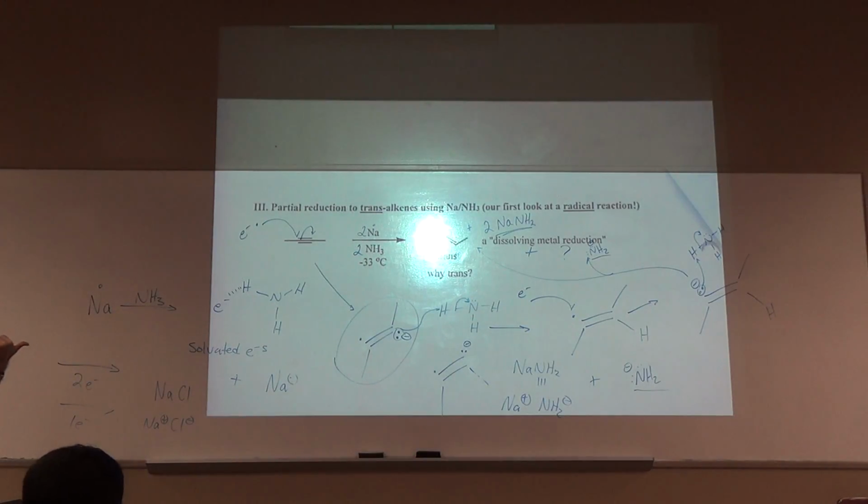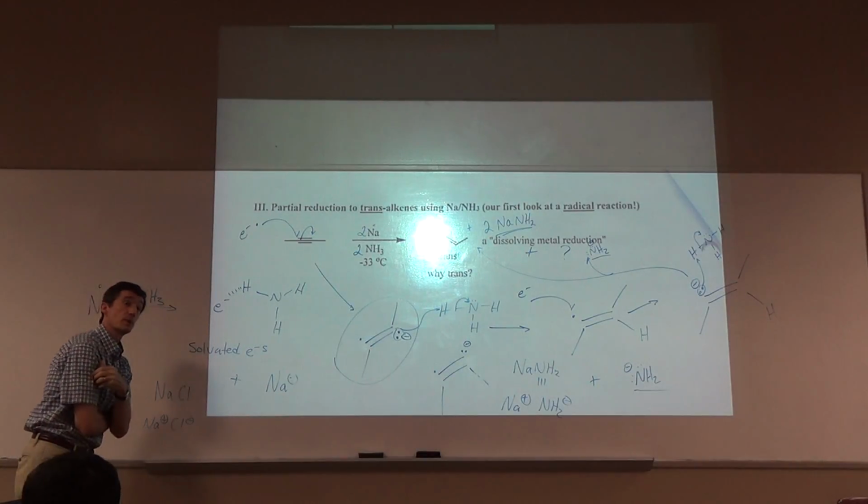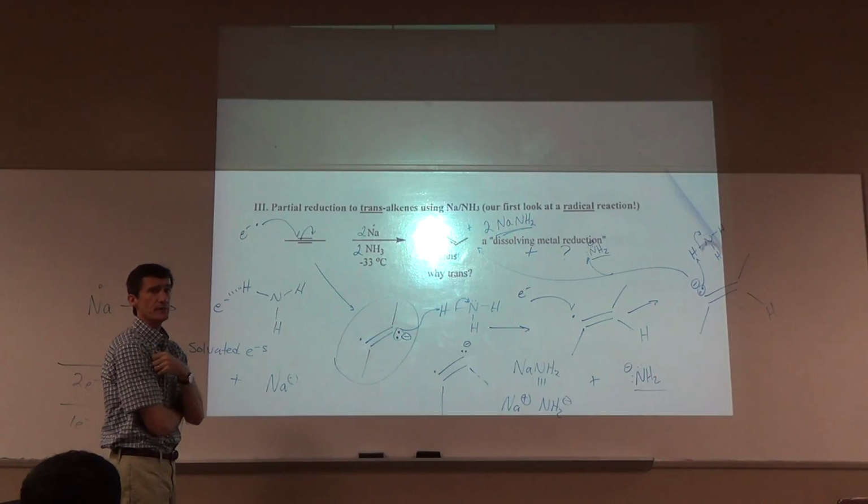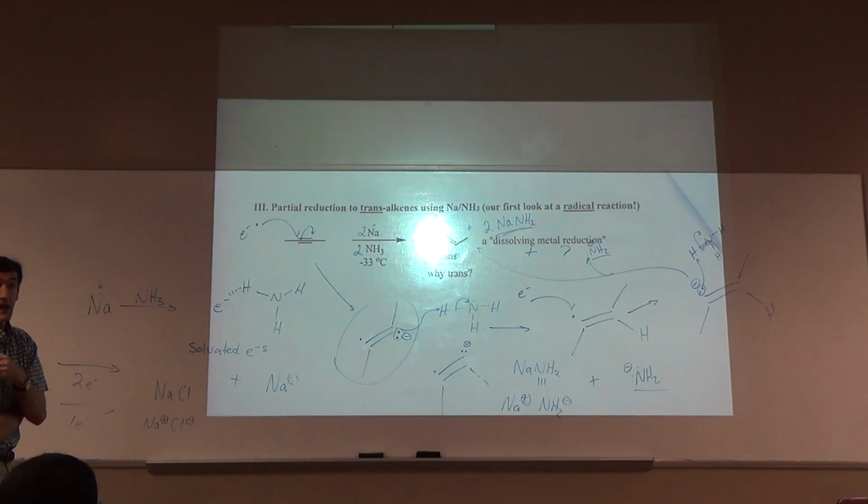In a lot of cases where you look at mechanisms, you got to remember that we're asked, what proof do we have that this is the mechanism? In some cases, there's tons of proof. In other cases, the proof may be sort of limited, but that's all we have at this point.